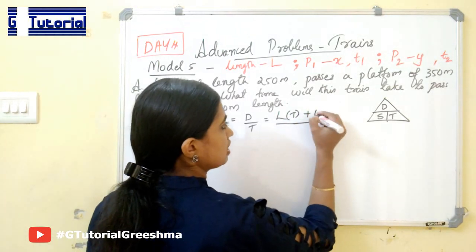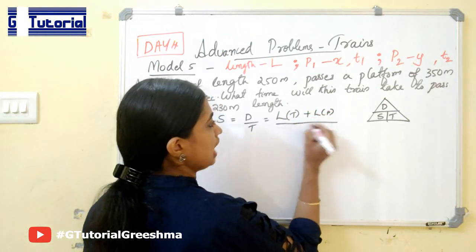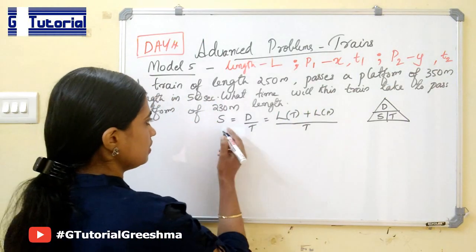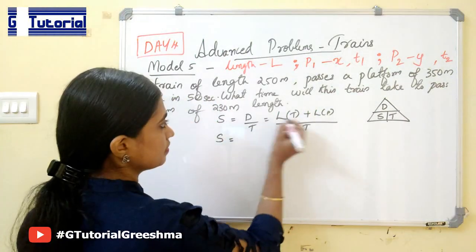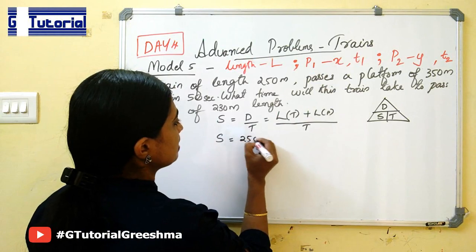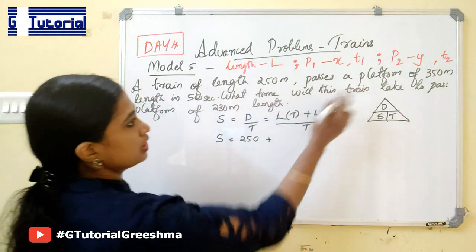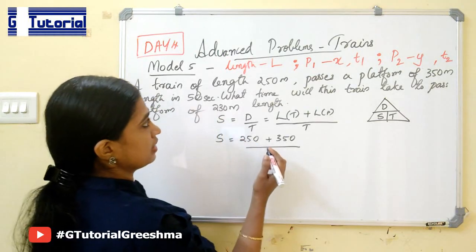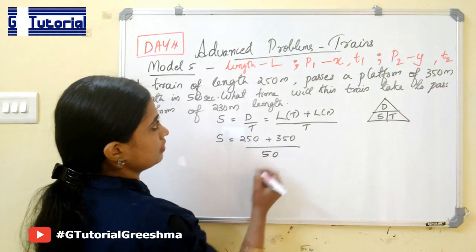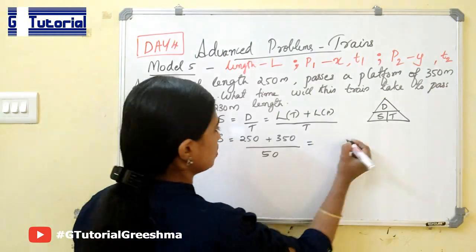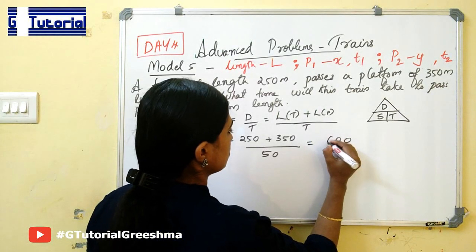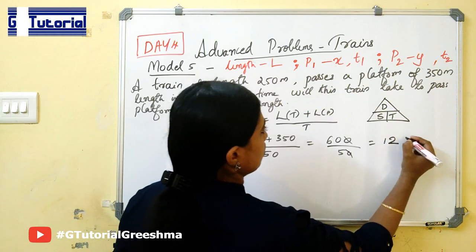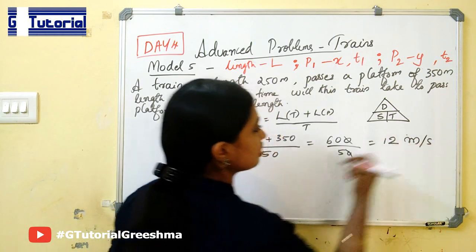So length of the train plus length of platform by time taken to cross it gives the speed of the train. So here the speed of the train is 250 plus length of platform 350 by time taken to cross, 50 seconds, which is 12 meter per second.